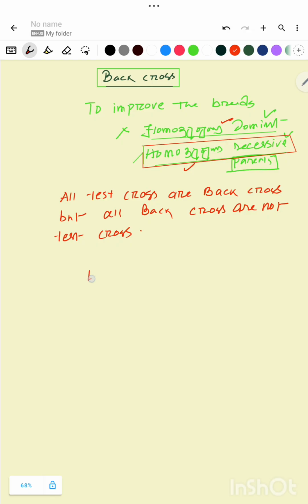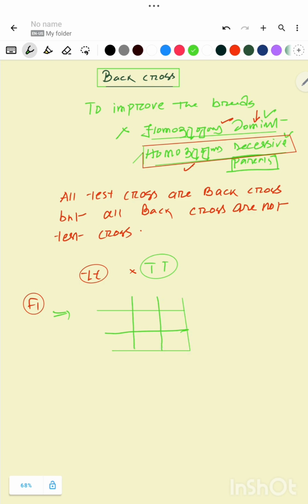Now let's do one simple crossing. Suppose you have a dwarf plant, and you need all the offspring in the F1 generation to be tall. What will you choose? Obviously, as per the law of dominance, you will choose the homozygous dominant, capital T capital T, so that in the F1 generation all the offspring become heterozygous dominant, capital T small t.